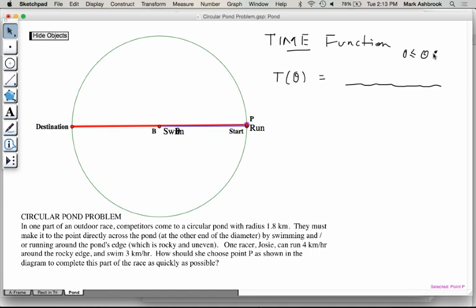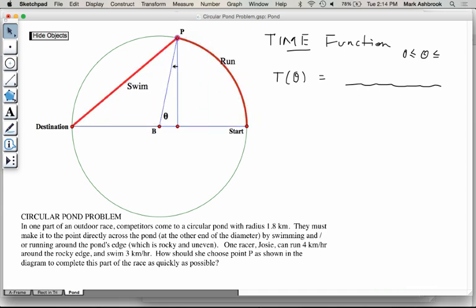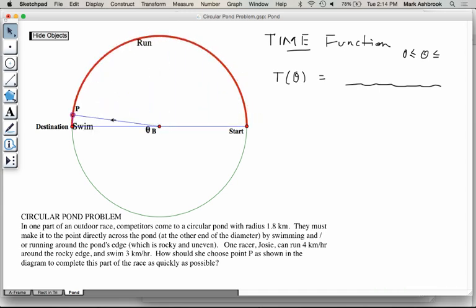And what's the greatest value of theta that makes sense? If she runs the whole way, then we're talking about exactly halfway around the circle, which is an angle measure of pi. So our applicable domain is going to be from 0 to pi.